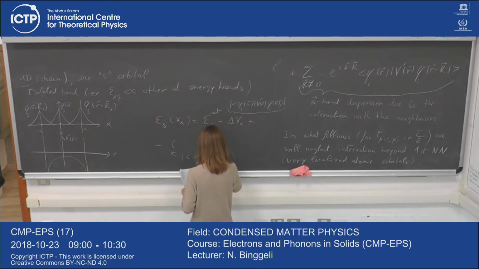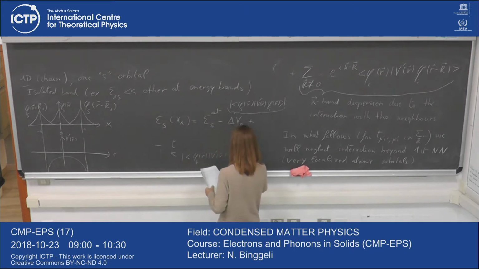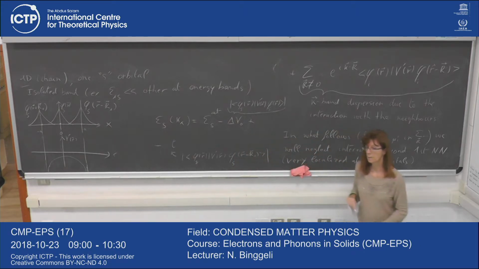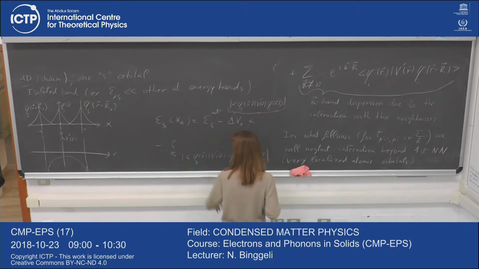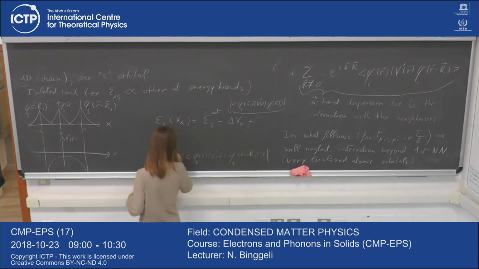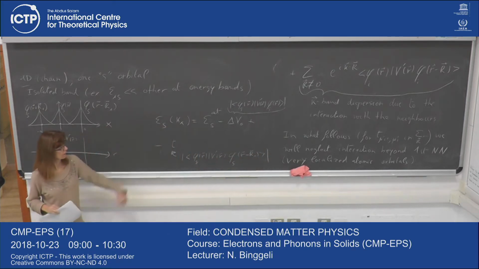the crystal field, and the phi S that is centered on the atom A. Okay, so I call this matrix element its absolute value T, and I know it's negative, so I put a minus T here.